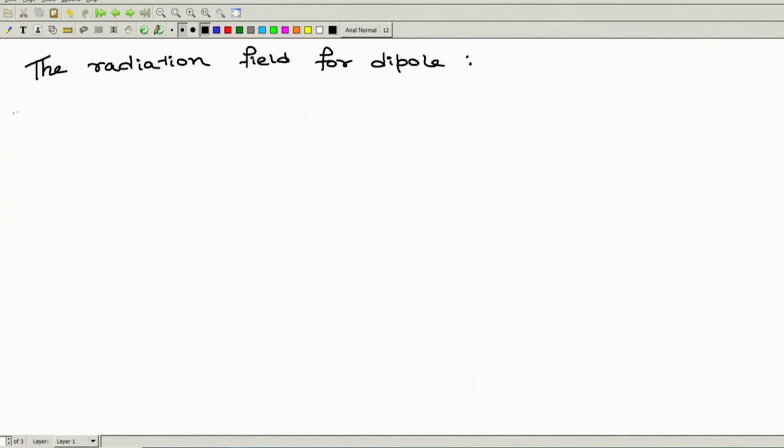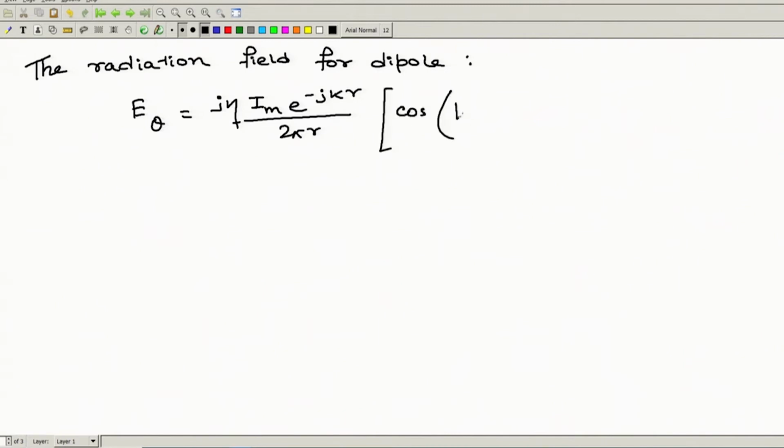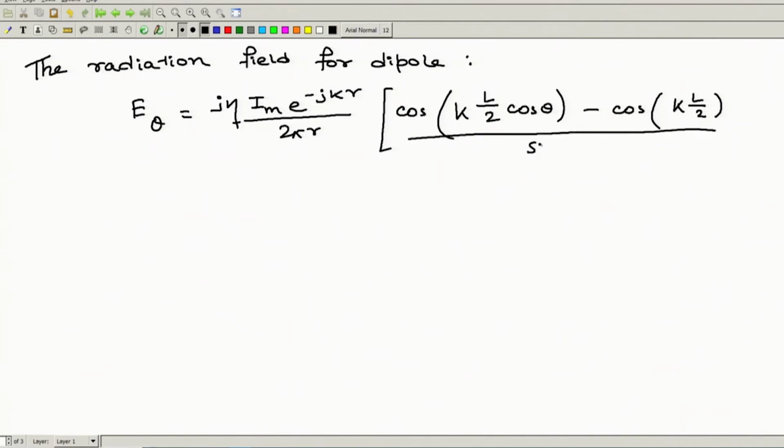For the current distribution, the radiation field can be written as E theta equals j eta e to the power minus j k r upon 2 pi r, cos of k l upon 2 cos theta minus cos of k l upon 2, by sin theta.